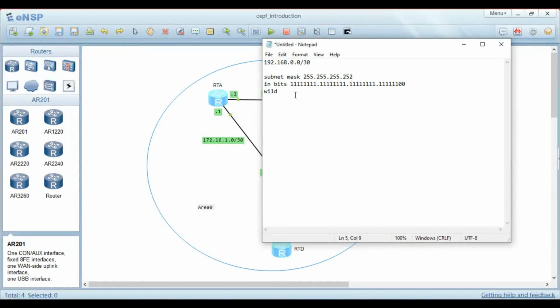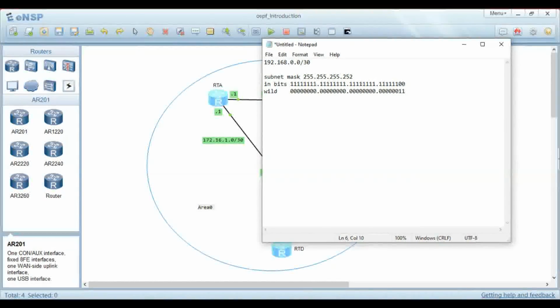So if you do that, this will be eight zeros, dot, eight zeros, dot, eight zeros, dot, 000000 and then 11. So that becomes the wildcard bits. But they want us to write it in decimal.